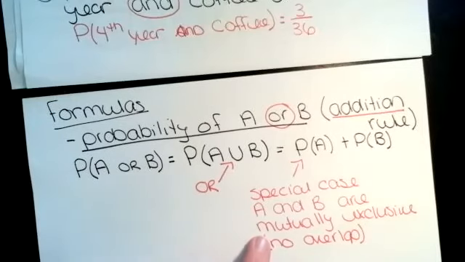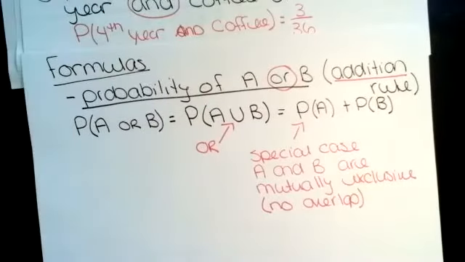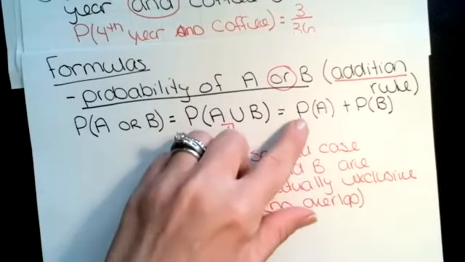So mutually exclusive events just means there's no overlap, meaning if I was looking at a student and I wanted to talk about a student that's a first year and a student that's a second year, there's no way for those two to intersect or overlap, right? Because you can't be a first year student and a second year student all at the same time. It can't happen. You're either a first year student or you're a second year student or maybe something else, but you can't be the two together at the same time. That's what I'm talking about. They're mutually exclusive. There's no overlap. Okay. That is for my special case.